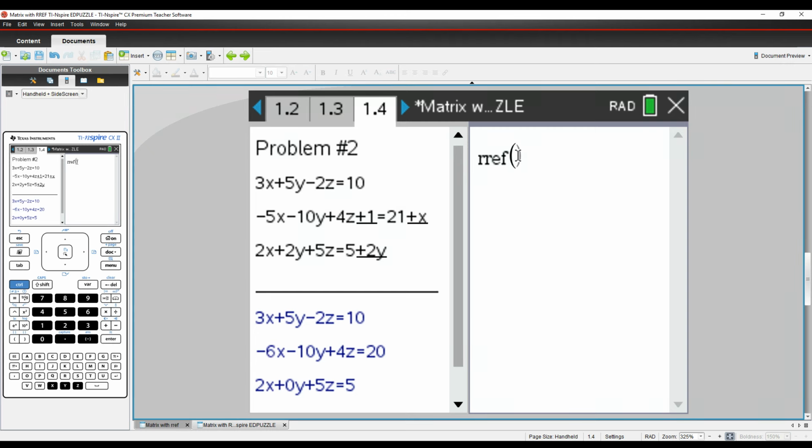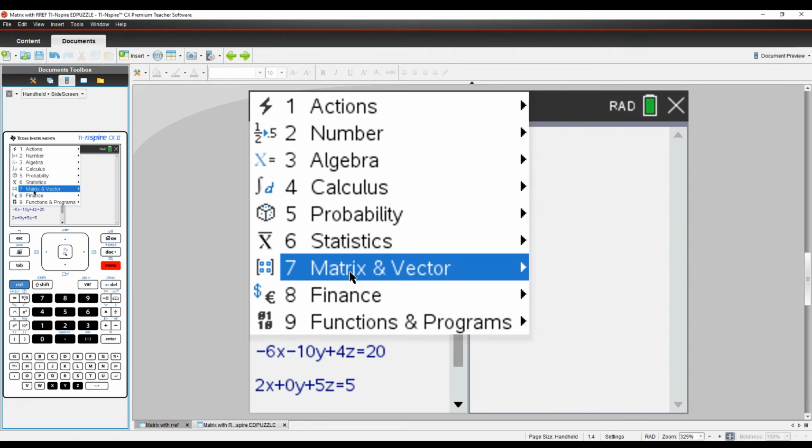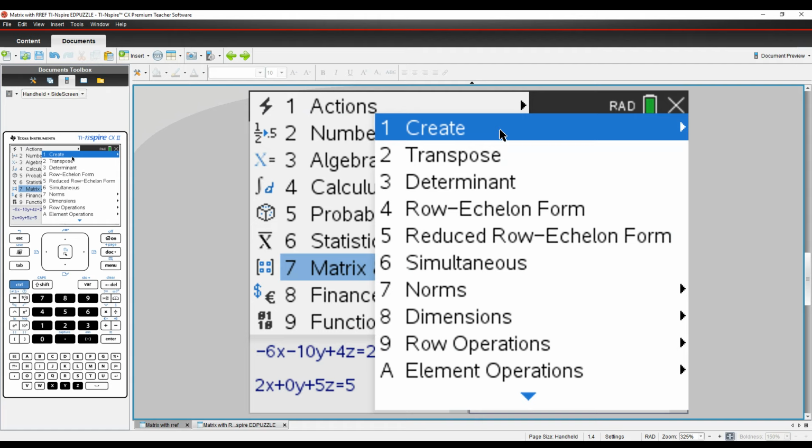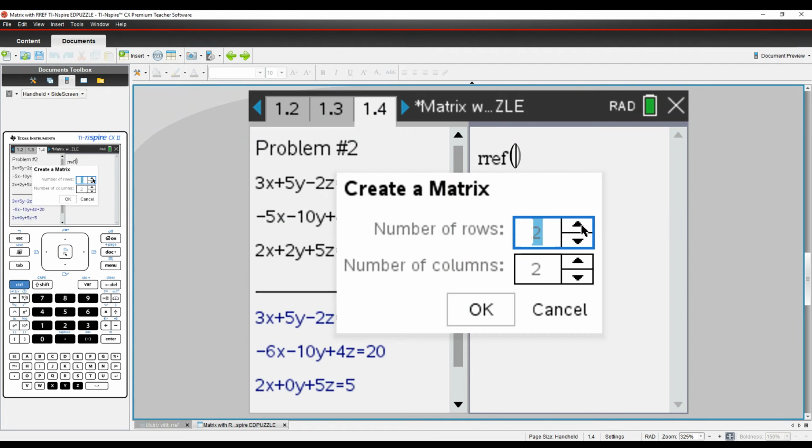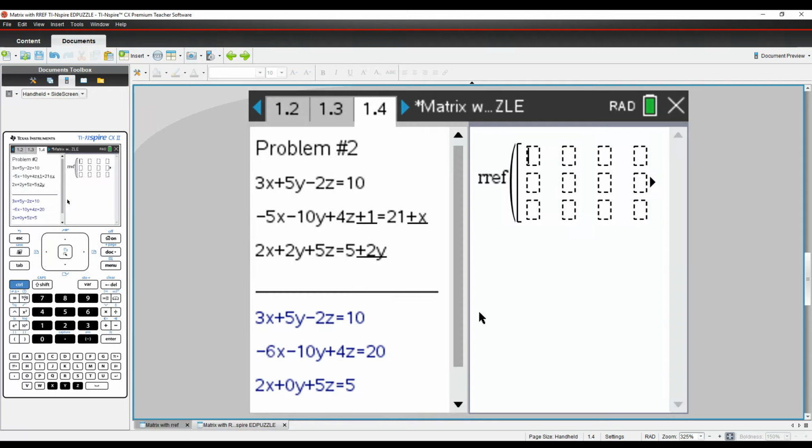So now I have to create a matrix. How do I create a matrix? Menu, matrix. I'm going to create matrix. It is a 3 by 4 matrix because I have 3 equations and I need 4 columns: 1, 2, 3, and my answer at the end.